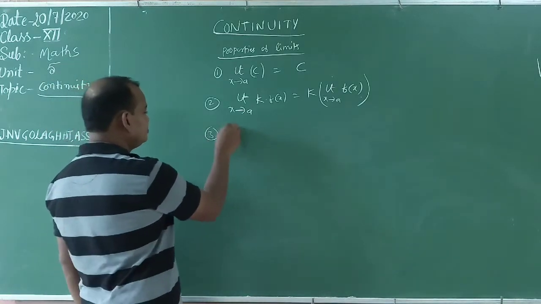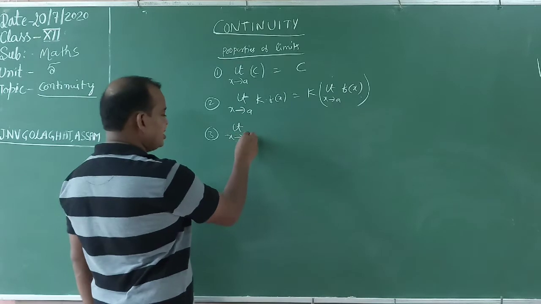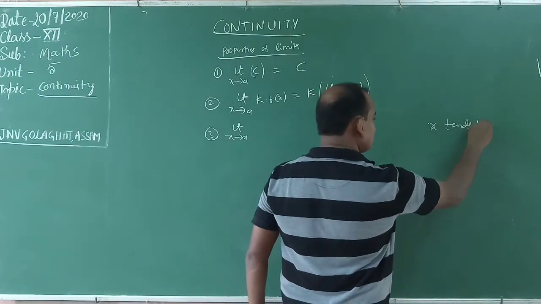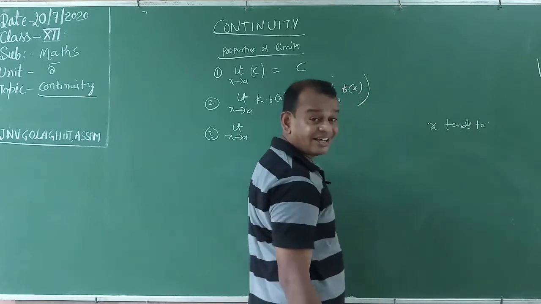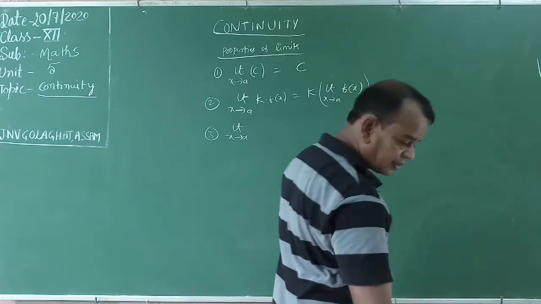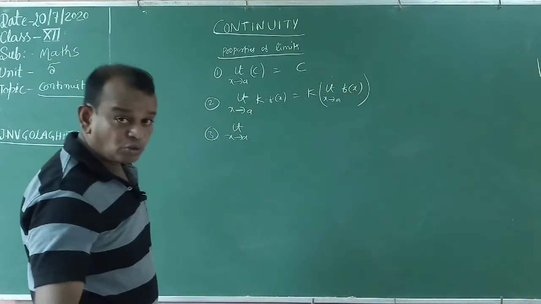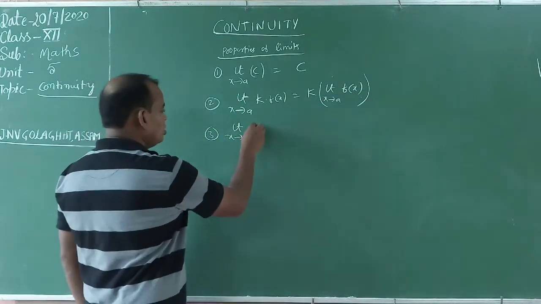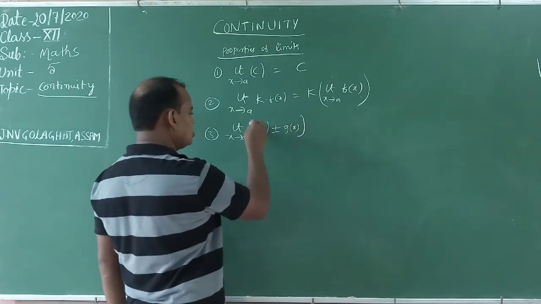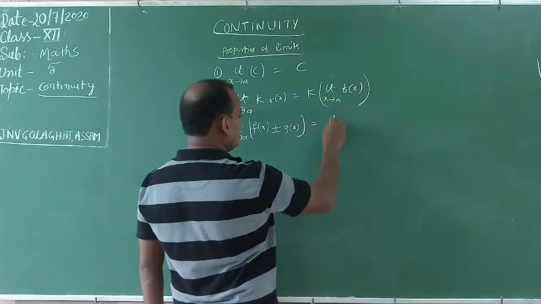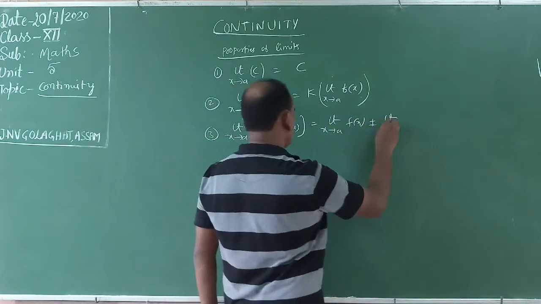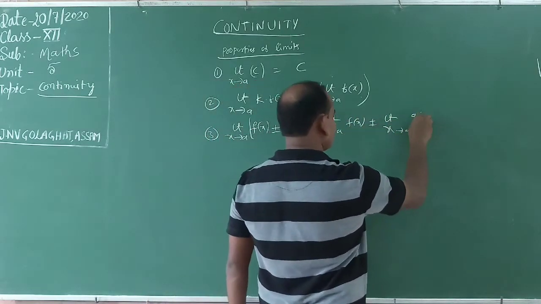Third one, limit x tends to a of f of x plus or minus g of x. Now we will apply the limit: limit x tends to a, f of x plus or minus limit x tends to a, g of x.